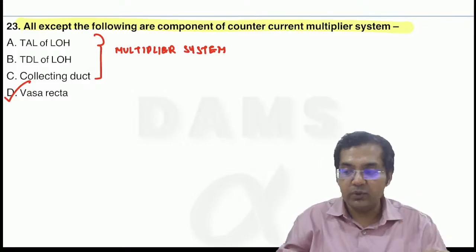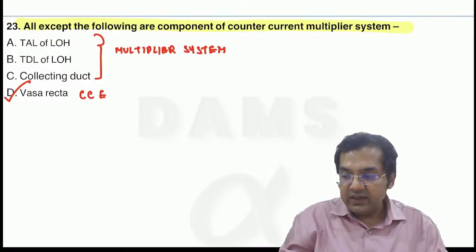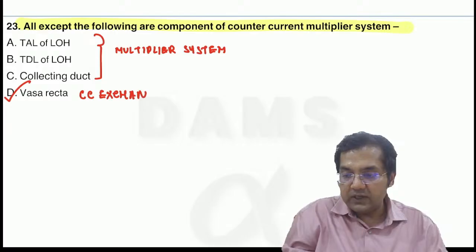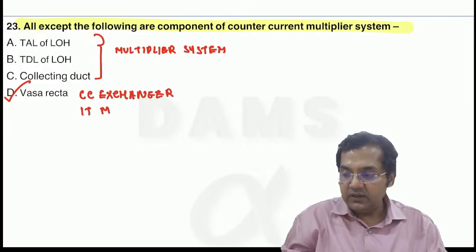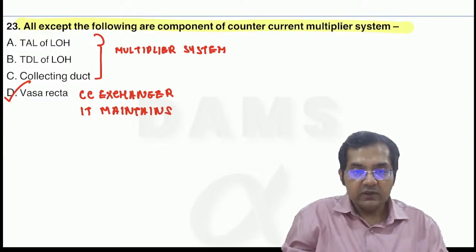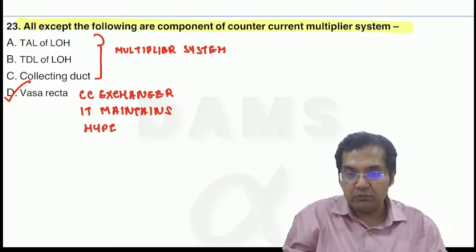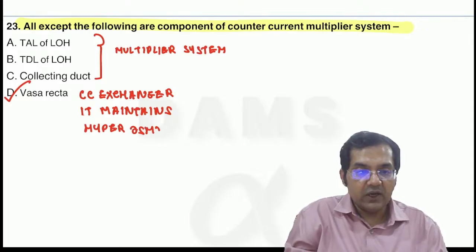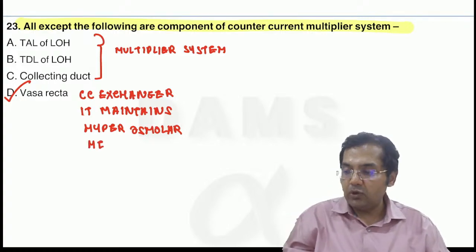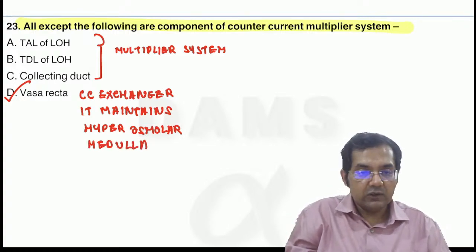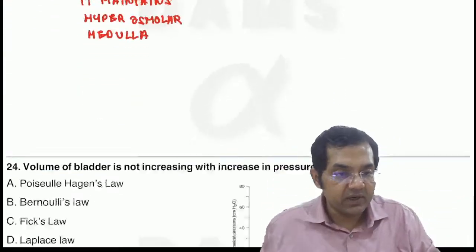Vasa recta is the component of countercurrent exchanger. It maintains the hyperosmolar medulla, right? Remember that.